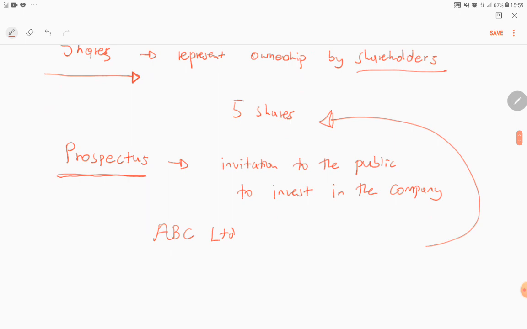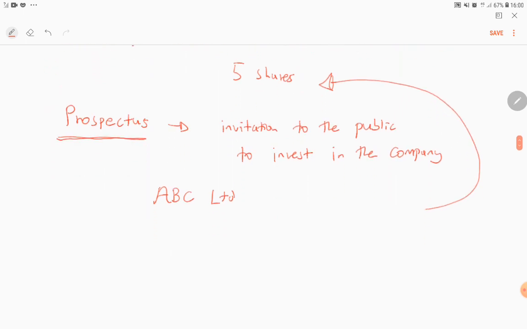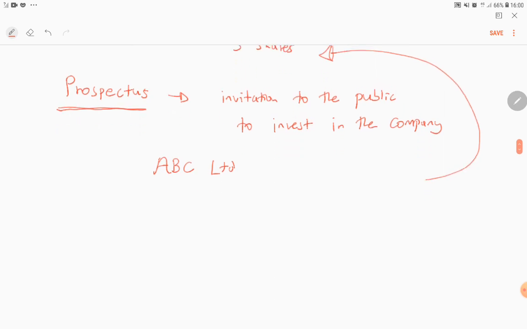So after the prospectus is issued, people will apply for the shares. There's what we call authorized share capital. There's also what we call issued shares.